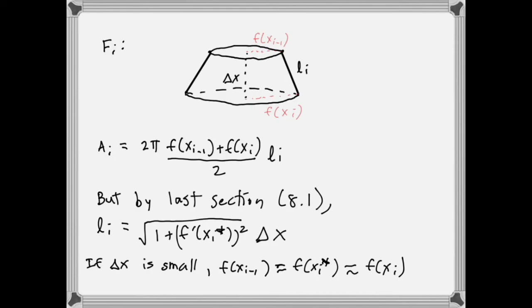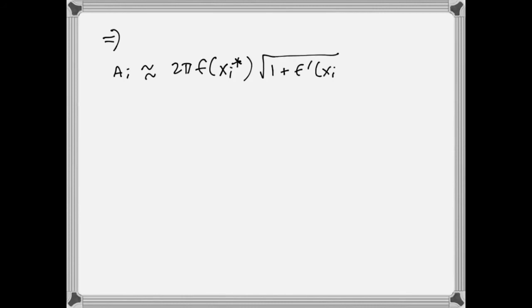So, if we put these two facts together that we just wrote down, then this implies that the area of the ith frustum is approximately equal to 2 pi times f of xi star times the square root of 1 plus f prime of xi star, and that's going to be squared, and then we have a delta x.